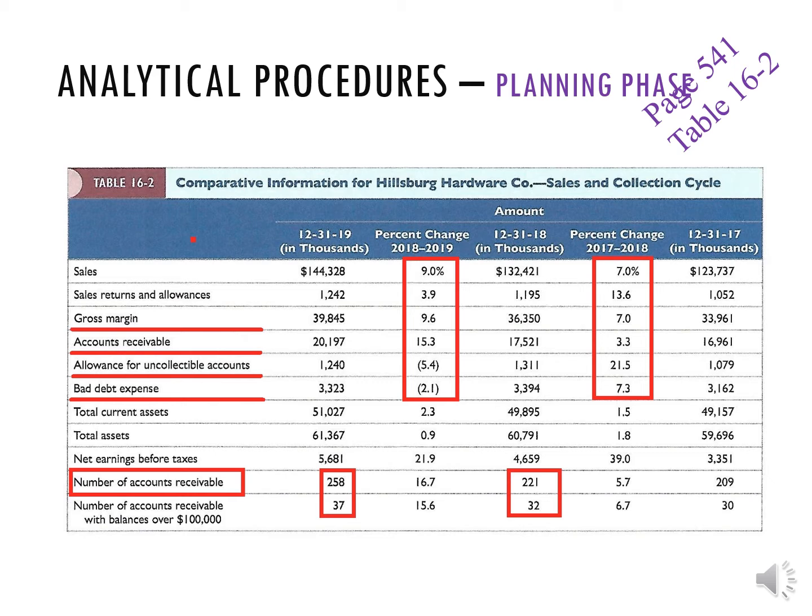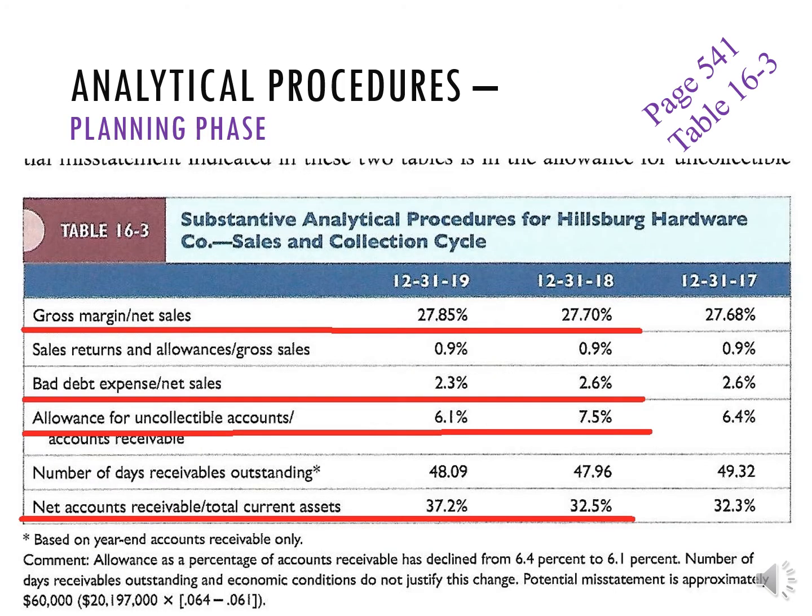Number of accounts receivable increased by 37. Number of large accounts receivable increased. One way to increase sales is to lower credit standards. So obviously it's not the same customers buying more, it's new and different customers. The ratios tell the same story.